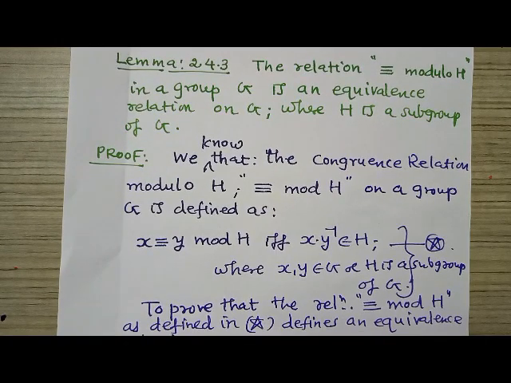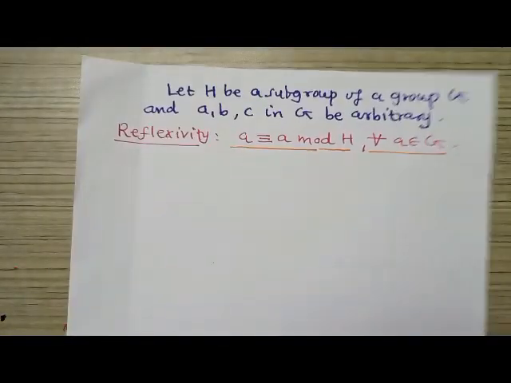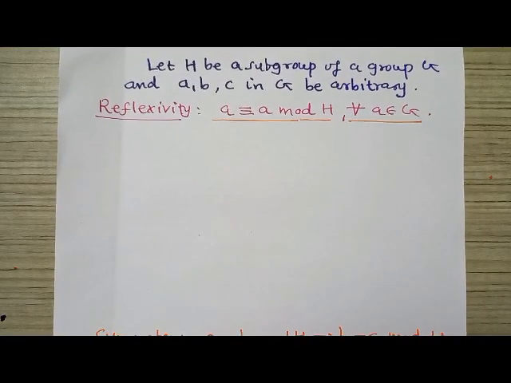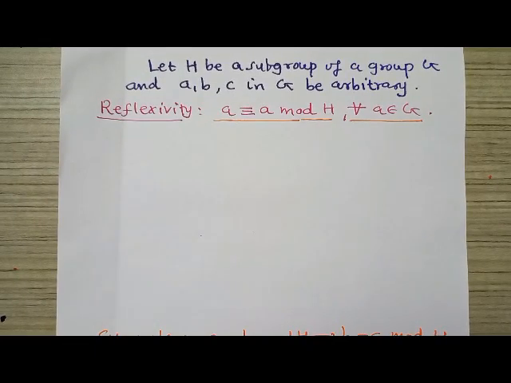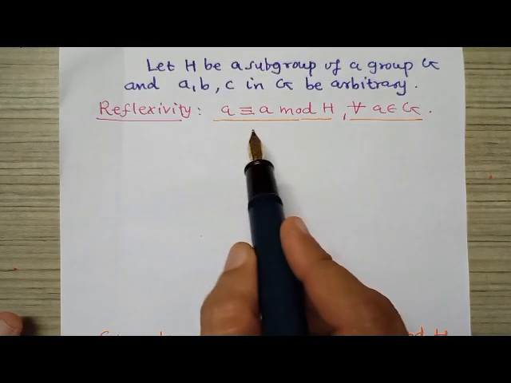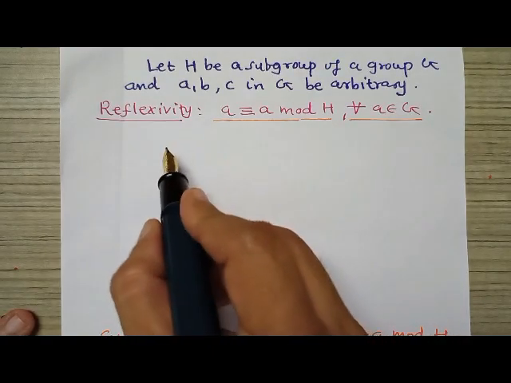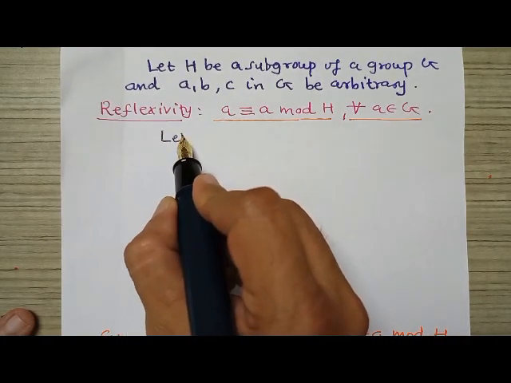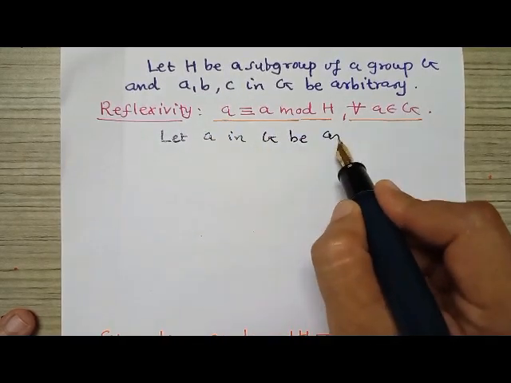Firstly, we prove that it is reflexive. So reflexivity: let H be a subgroup of a group G and A, B, C in G be arbitrary. Reflexivity: A is congruent to A modulo H for every A in G. So let A in G be arbitrary.